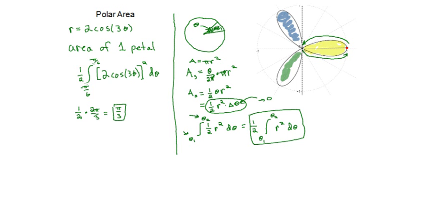Okay, so that is not the only way you could get the answer. We went from negative pi over 6 all the way around to pi over 6. You could have also done the second petal, the green one down here, which starts at pi over 6, because that's the origin here, and then goes around, and 1 petal is pi over 3, so that would be another pi over 3 plus pi over 6, which would be 3 pi over 6.